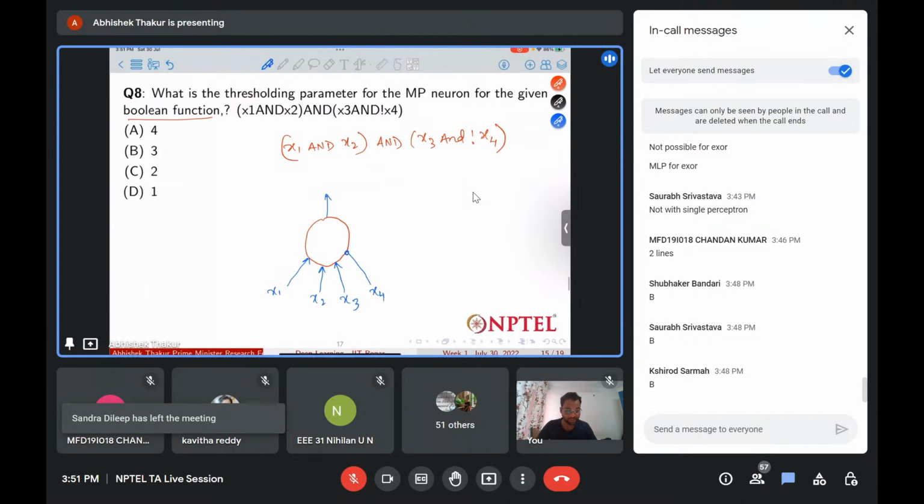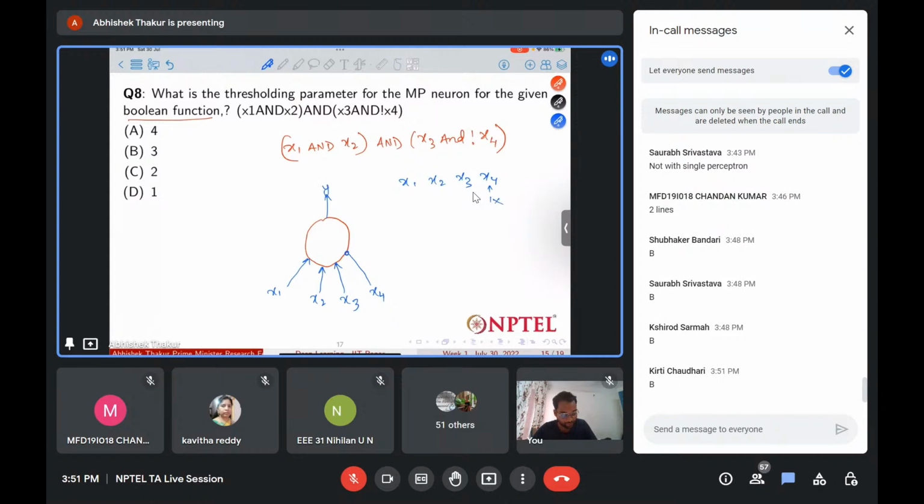So for this question, we have four inputs x1, x2, x3, x4. What is the thresholding parameter for this? x4 is an inhibitory input, so whenever it is 1, our output is 0. That case of x4 is ruled out, and this is just an AND gate using x1, x2, x3.